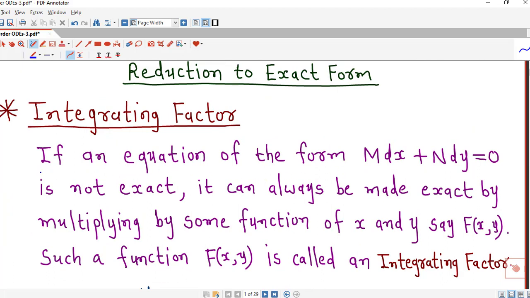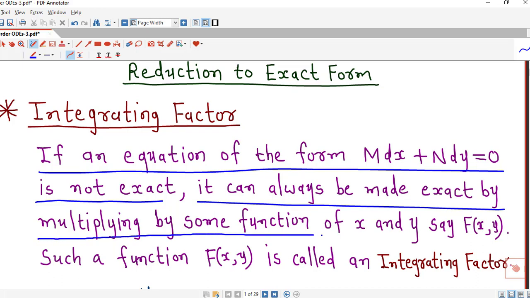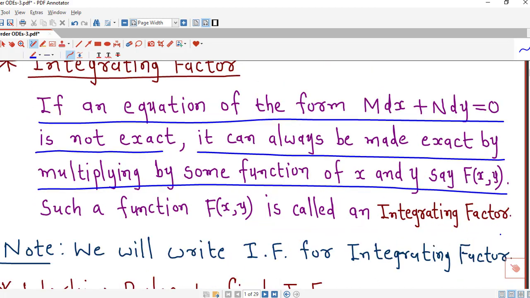We just go through this. If an equation of the form M dx plus N dy equal to 0 is not exact, then it can always be made exact by multiplying by some function of x and y, say capital F of x,y.